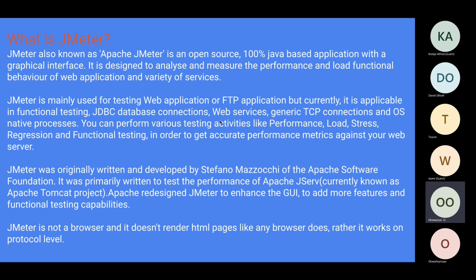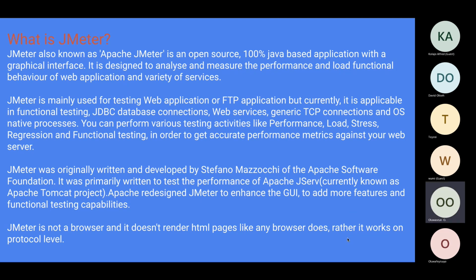JDBC database connections are also used for testing databases, web services, generic TCP connections, and operating system native processes. You can perform various testing activities like performance, load, stress, regression, and functional testing in order to get accurate performance metrics against your web services.